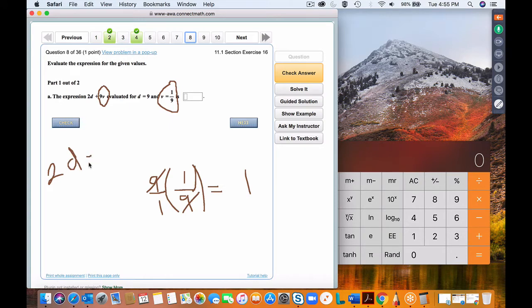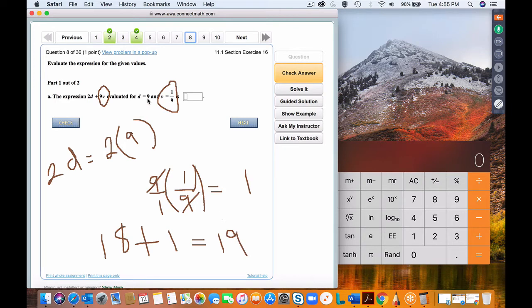is the same, because we already know the value for D, so we substitute D by 9. 2 times 9. That gives you 18. 18 plus 1 is just 19.